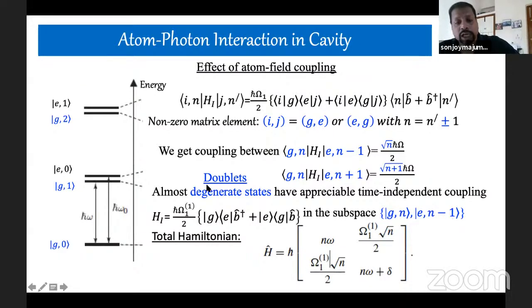So that means just consider from the picture n equal to 1. So that is |G,1⟩ and |E,0⟩.